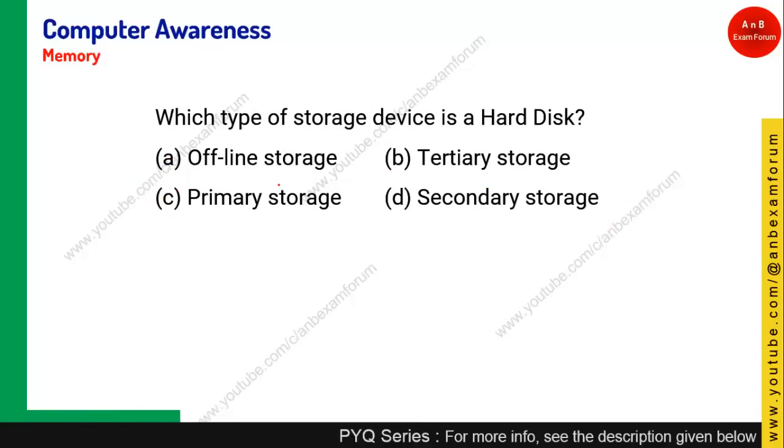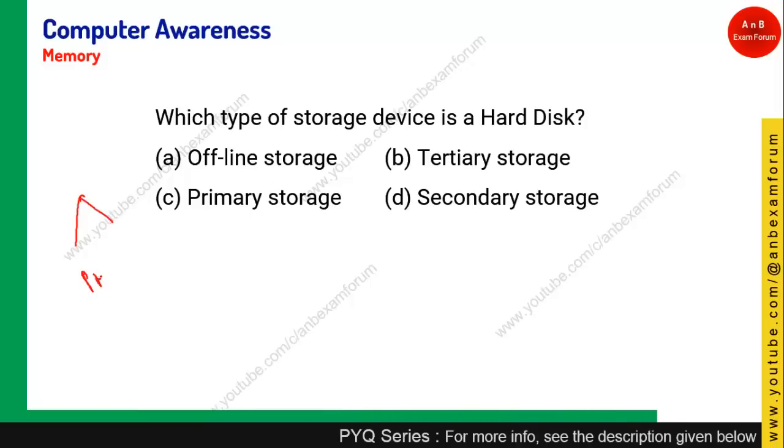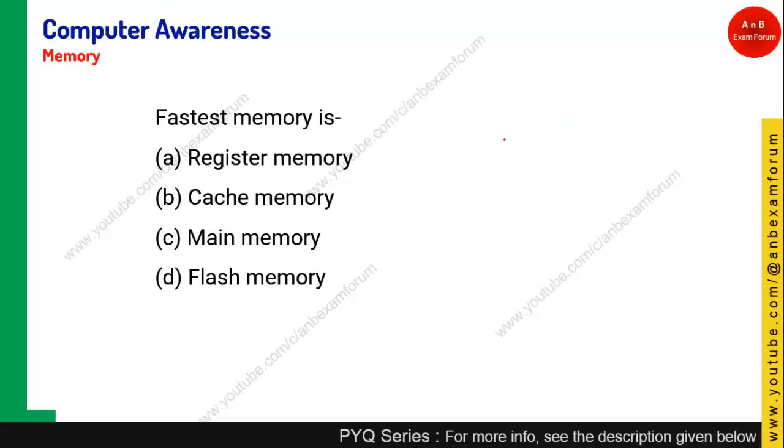Coming to the next question, a very simple one. As I told you, there are two types of memory: primary memory and secondary memory. And an example of secondary memory is the hard disk, and hard disk is one of the secondary storage. Okay, option D is the right answer.